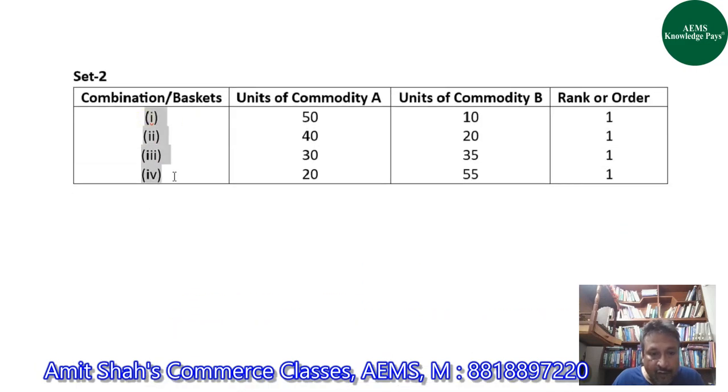Here also there are four baskets, 1, 2, 3, and 4. And here also we have different units of the two commodities in each basket.